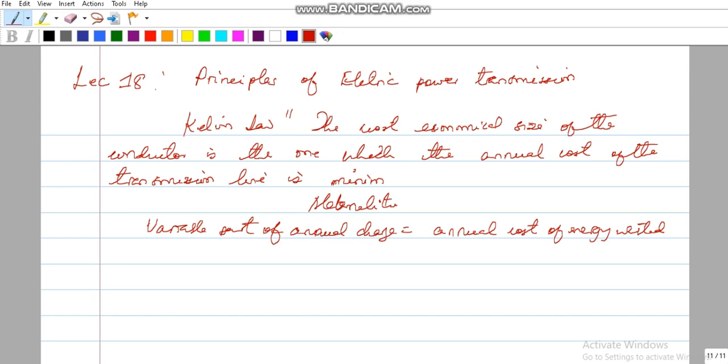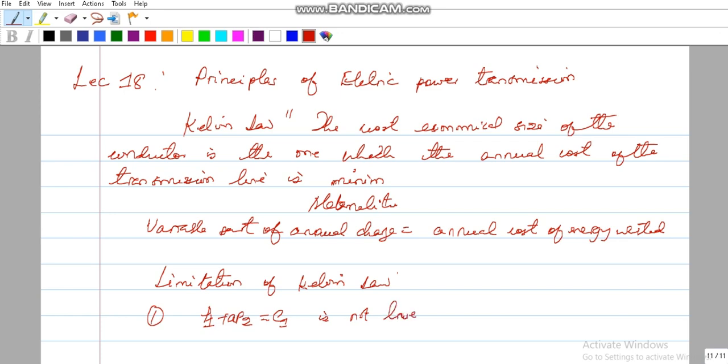Kwa hiyo ina limitations zake ambazo zinafanya practically isiweze kuperform. Kwa hiyo tuone limitation of Kelvin law. Sawa, limitation ya kwanza ni kwamba tuliona kule kwamba P1 plus A P2 is equal to C1, ambapo the annual charge on the capital outlay is not true.